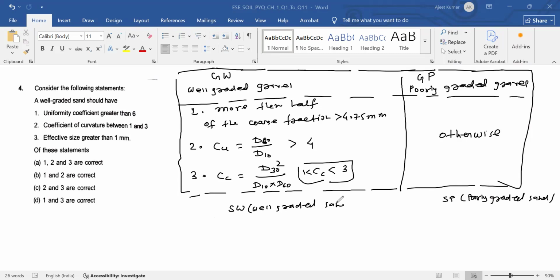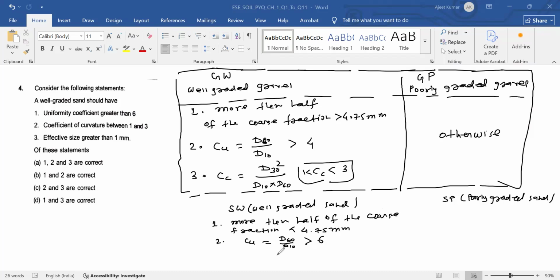Okay, for this, the first condition is more than half of the coarse fraction less than 4.75 mm. The second condition, Cu, that is D60 by D10, must be greater than 6.